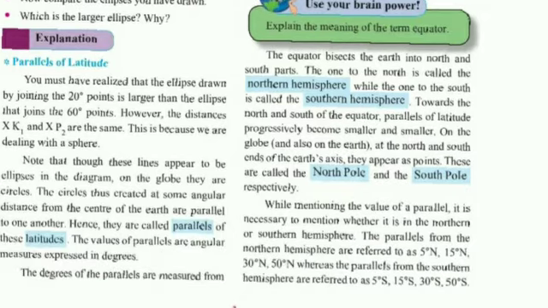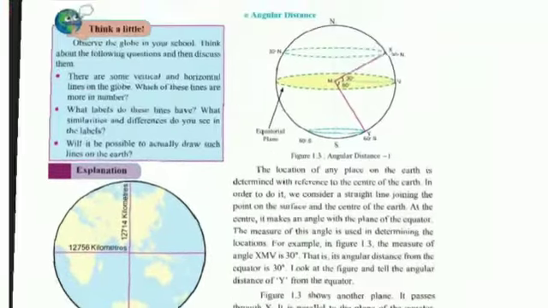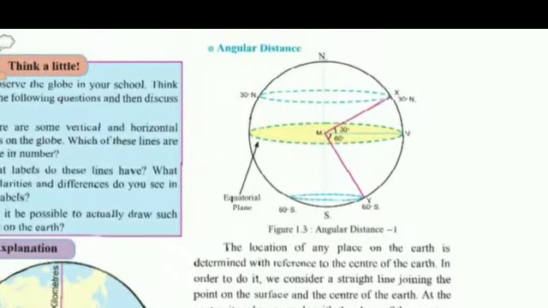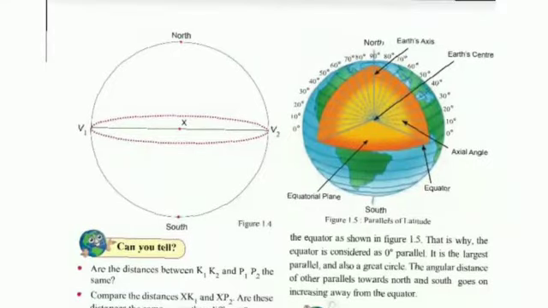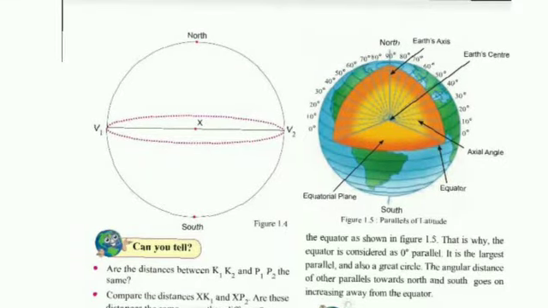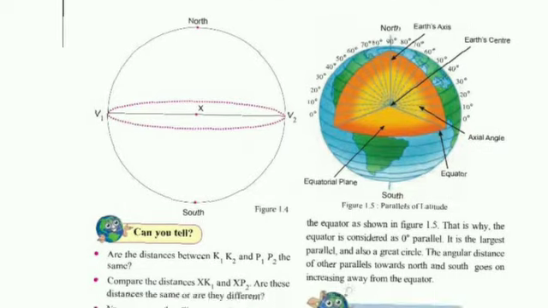Note that though these lines appear to be ellipses in this diagram, on the globe they are circles. You can see over here, they look like ellipses but they are actually circles.